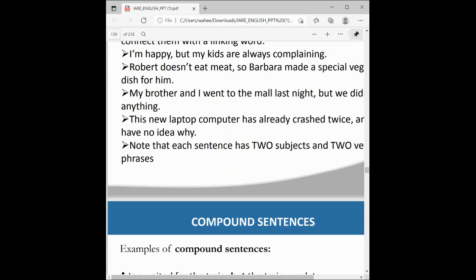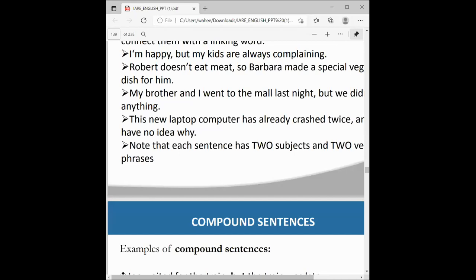A complex sentence has one independent clause and one or more dependent clauses. A dependent clause cannot be a complete sentence by itself. What is the rule of that? In the compound sentence, we have two independent clauses joined by a linking word.